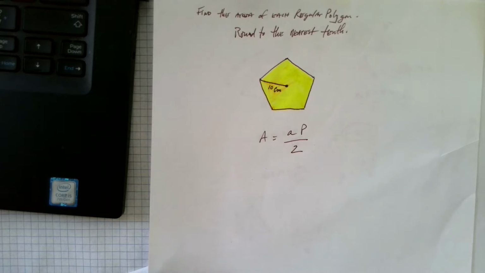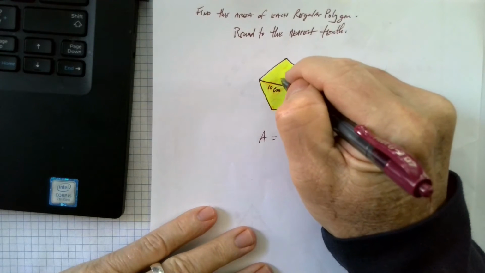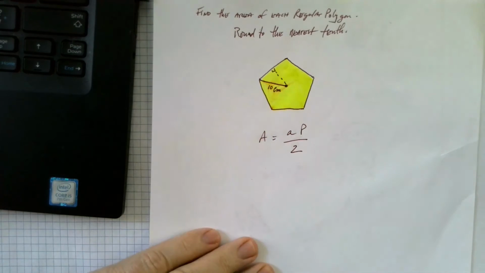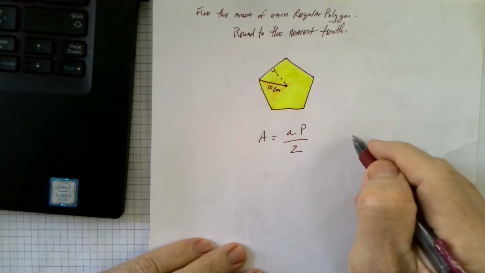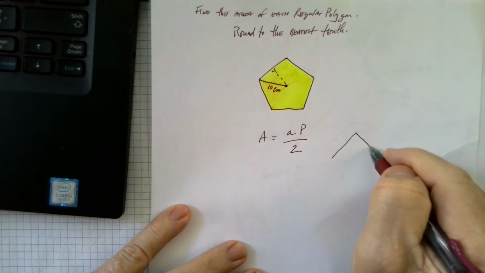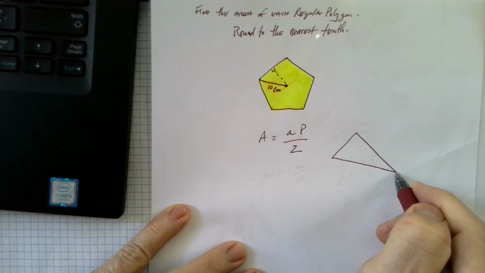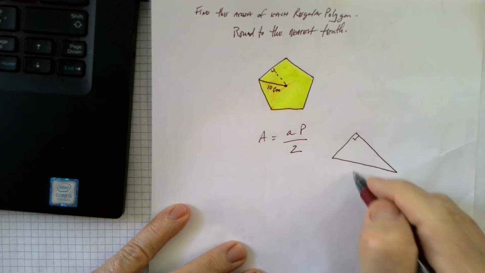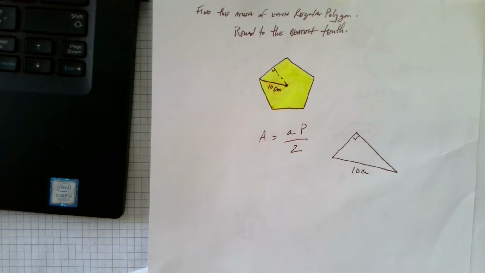Well, I'm going to start by putting in an auxiliary line that would represent the apothem. If I do that, I see that it creates a small right triangle, a little bit smaller than I'd like. So I'm going to pull it out here and make it larger, in the same orientation, so that I can more easily work with it.